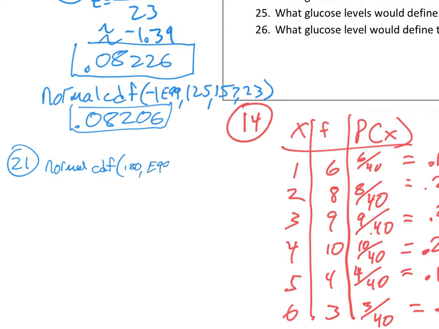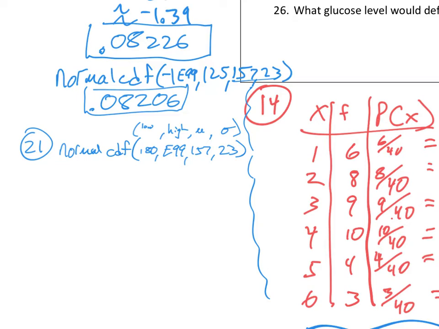And again, as we talked about in class, you could type like a million there instead of E99 if you want. Just one with a whole bunch of zeros. That's fine. But then we've got to enter the standard deviation, 23. So this is the low. This is the high. This is the mean. And this is the standard deviation. That's what we're entering into our function there. Okay, 0.1587.